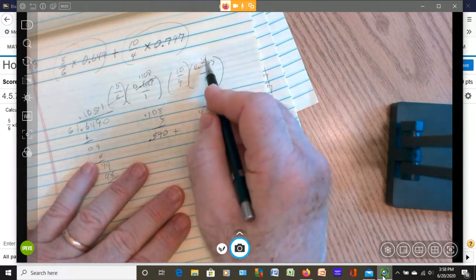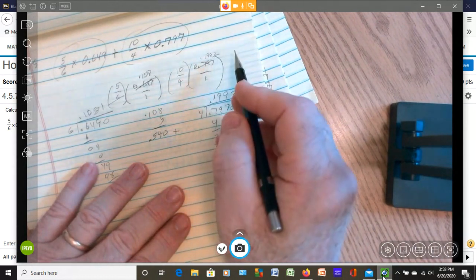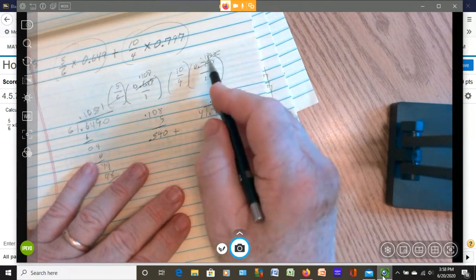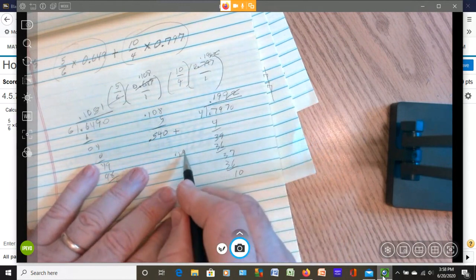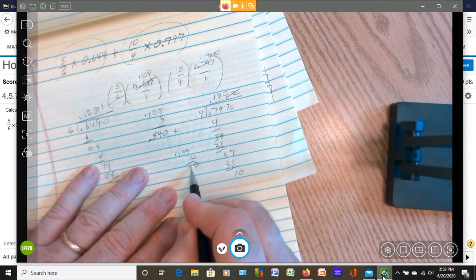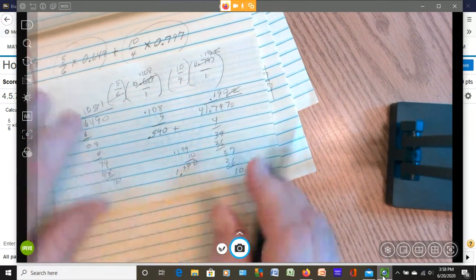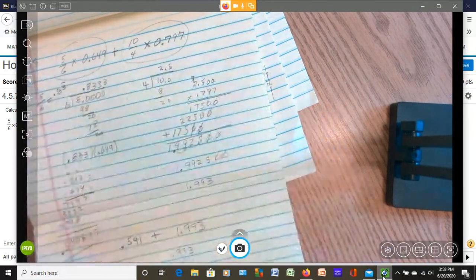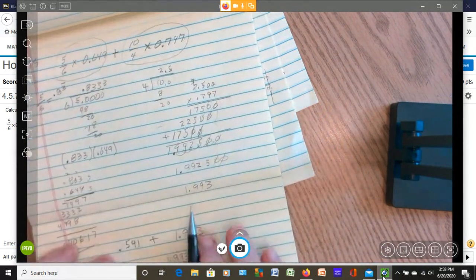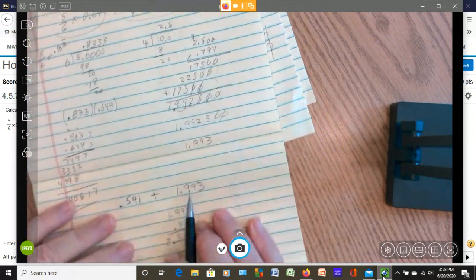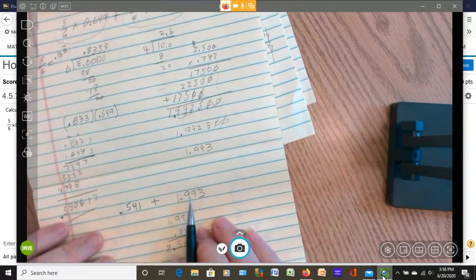So this will be 0.1992. I'm just going to round it to 0.199. And then it'll be 0.199 times 10, which will be 0.991. And count off 3 places, that'll be 1.990. And what did we get before? Oh, yeah. Before we got 1.993, and it didn't like that at all, apparently.